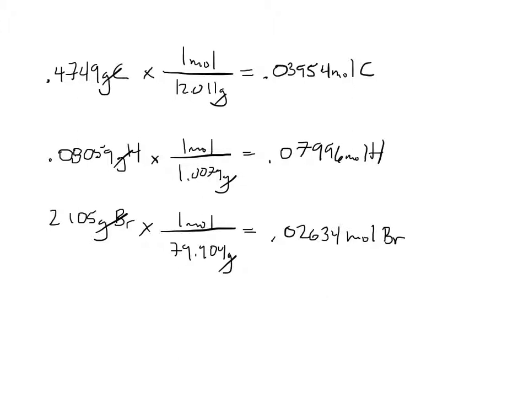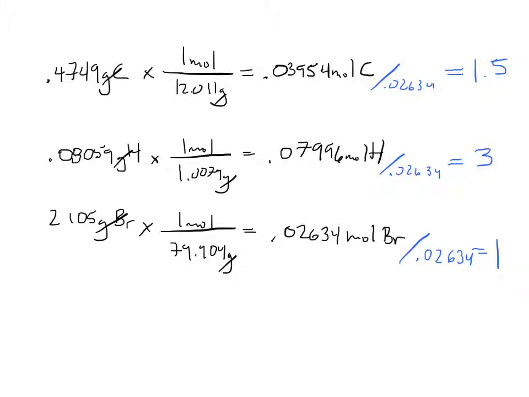Now we divide by the smallest, and the smallest ends up being bromine when it comes to moles. So we divide all of them by 0.02634. That gives us our ratio of carbon to hydrogen to bromine, and it turns out to be 1.5, 3, and 1.